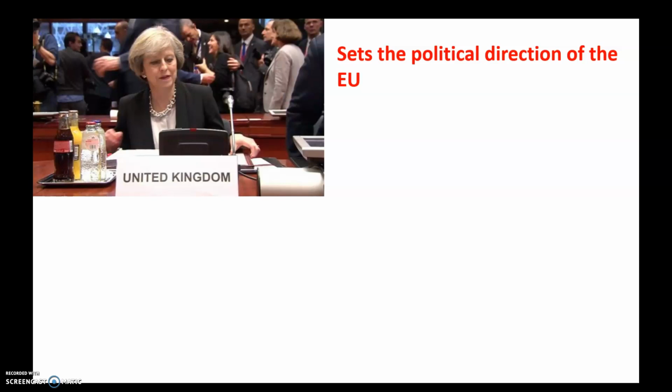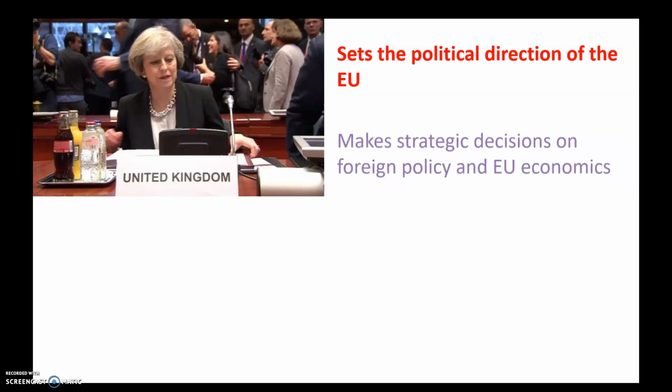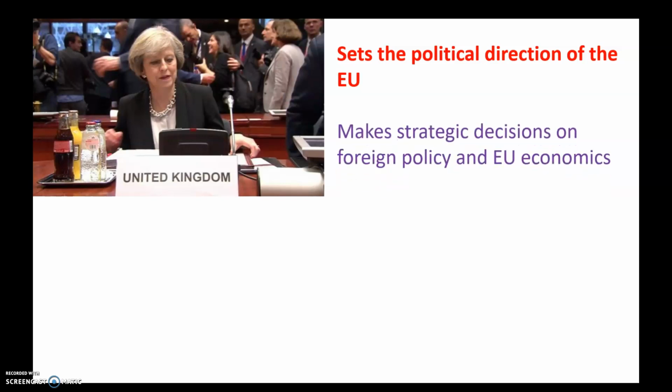So in that respect, again, it showed the member states having a big say in the direction of the EU. It also makes strategic decisions on foreign policy, which might affect the EU and EU economics. So again, they're looking at these big, strategic, long-term areas, I suppose.